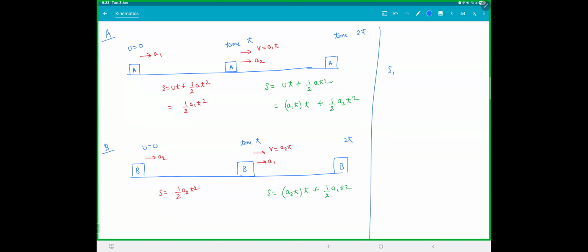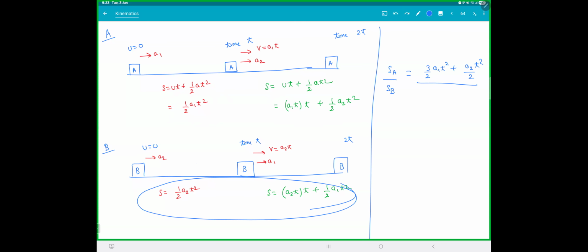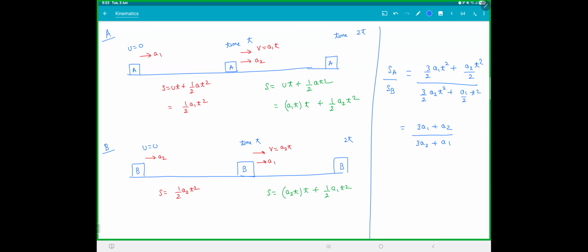So SA by SB, just add these up. For SA, you get 3 by 2 a1t square plus a2t square by 2. For SB, same thing, 3 by 2 a2t square plus a1 by 2 t square. The t square and 2 go off, and you get a neat ratio: 3a1 plus a2 by 3a2 plus a1.